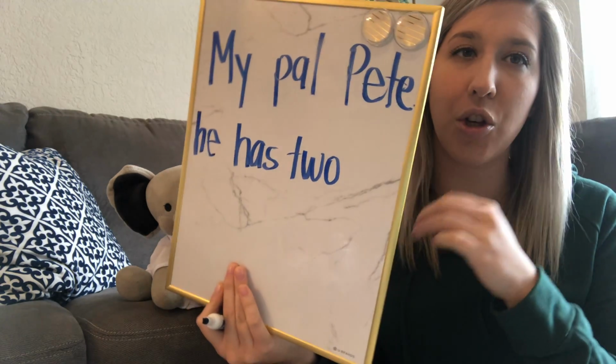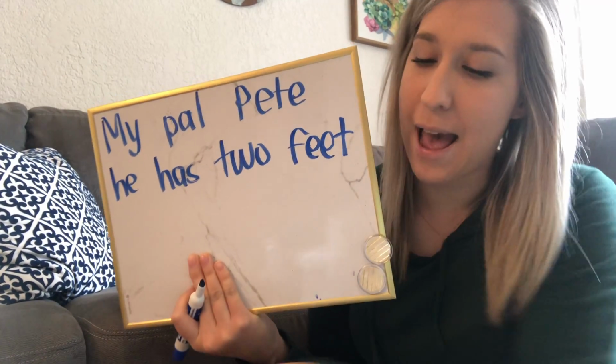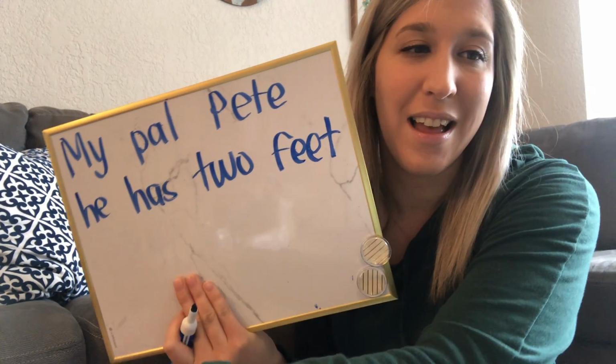He has 2, what does he have 2 of? Feet. Good job. And actually, Miss Corey wants to write this the other direction, so I have a little bit more room. Okay, so my pal Pete, he has 2 feet. Great job, kindergarten.